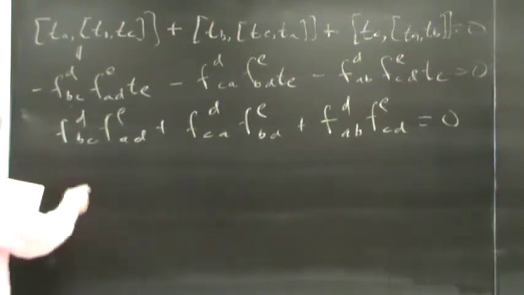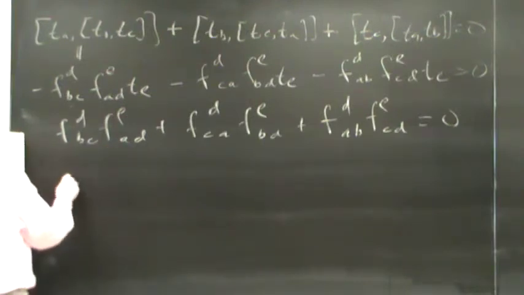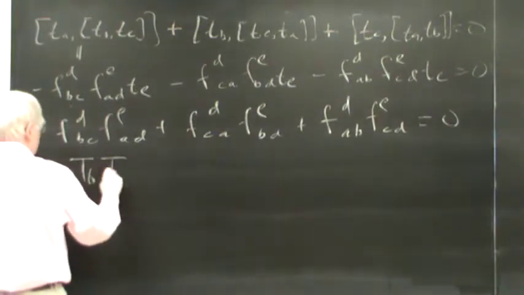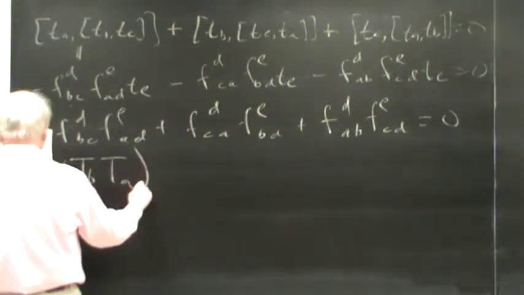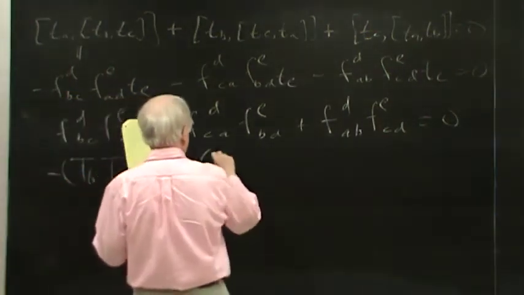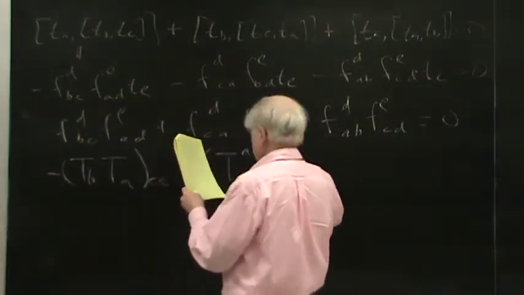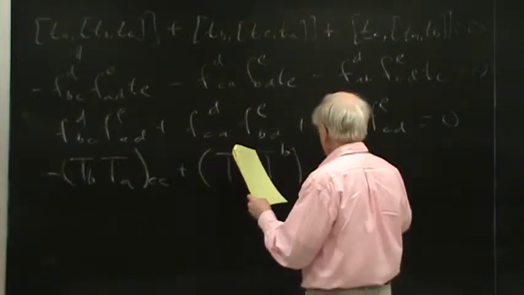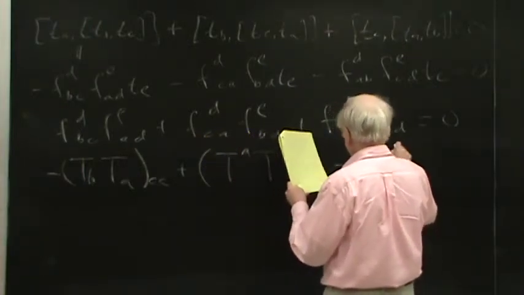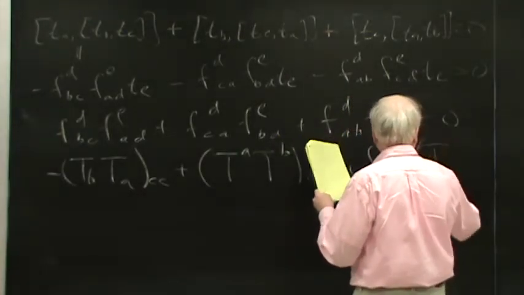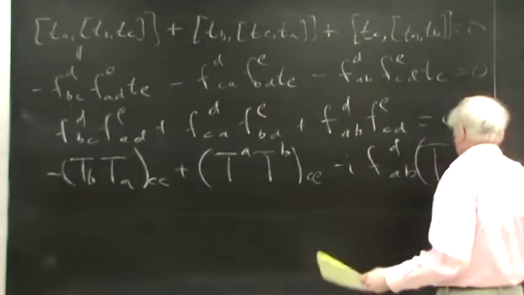What we find is that this whole equation can be rewritten as minus TB TA CE plus TA TB CE minus IF DAB TD CE equals 0.